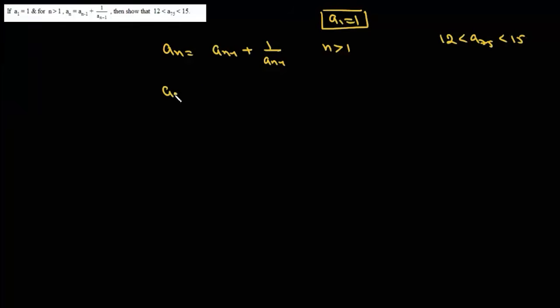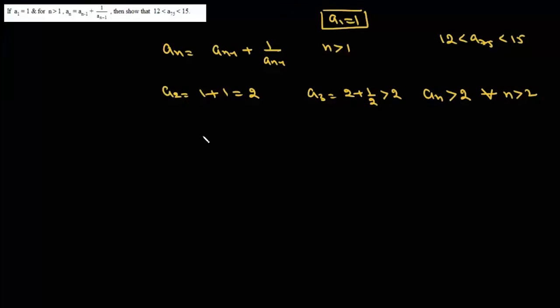If we write a2, it is 1 plus 1, so a2 will be 2. a3 will be 2 plus 1 upon 2, which is greater than 2. And since it is an increasing sequence, any an will be greater than 2 for all n greater than 2.